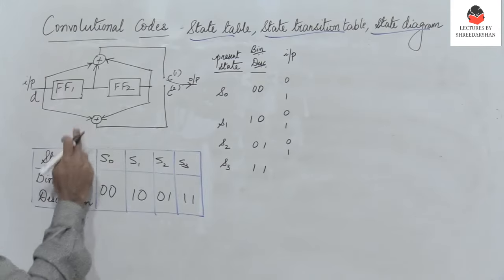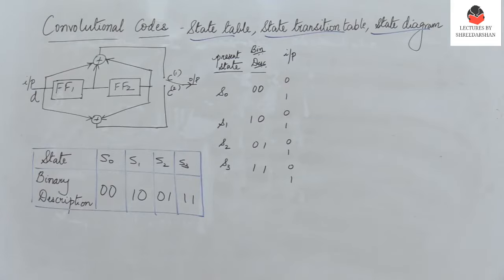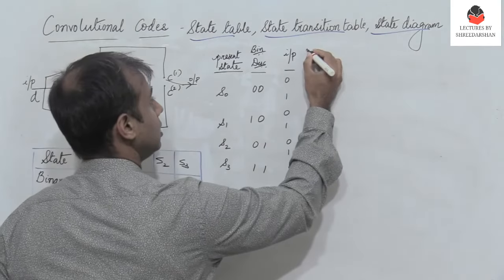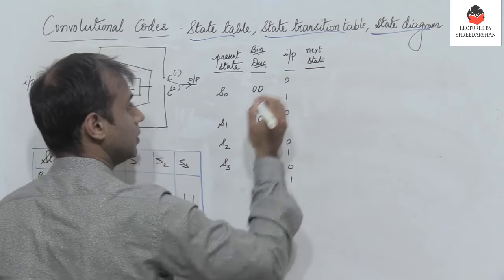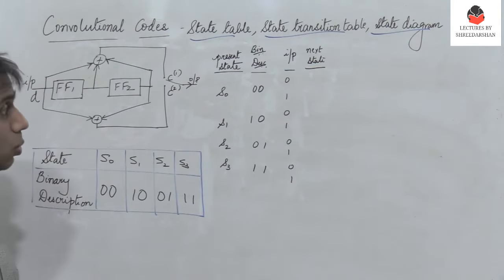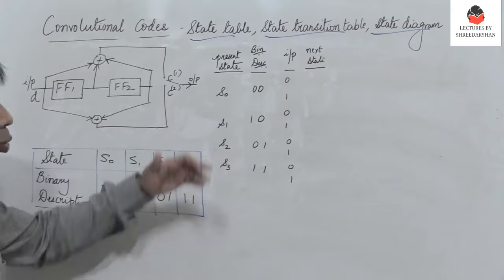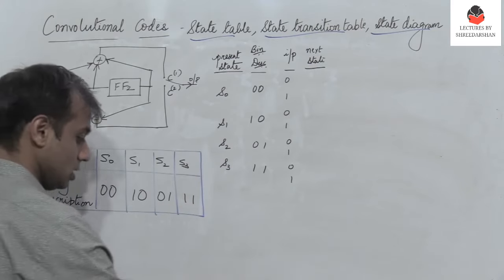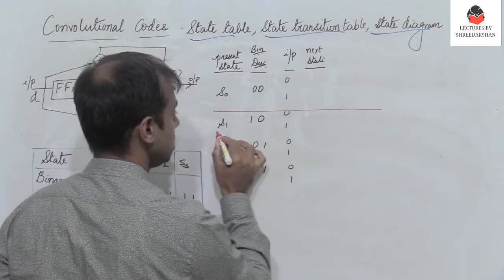And if the state is S3, which is 1, 1, I can either have the input 0 or 1. So in that case, we need to define the next state. If the input is either 0 or 1, and the present state is S0, S1, S2 or S3, what would be the next state? That is important.